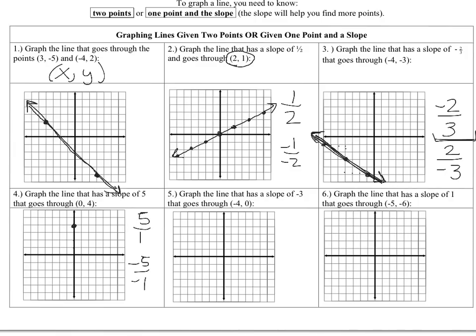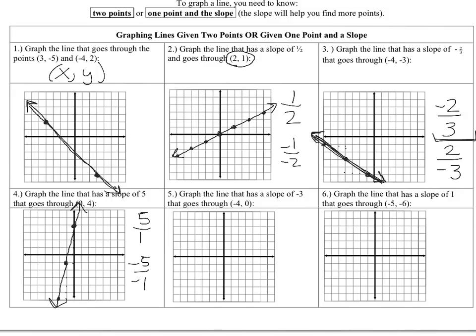I would like to go up 5 and to the right 1, and I can't go up 5 and to the right 1, so I have to do the opposite of that, which is down 5 to the left 1, and then I can do it one more time. 1, 2, 3, 4, 5 to the left 1.